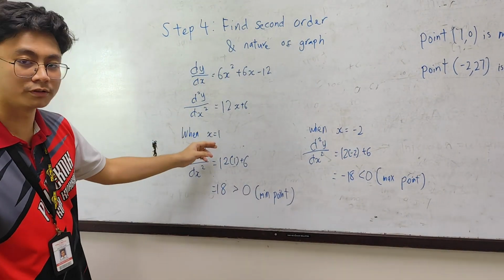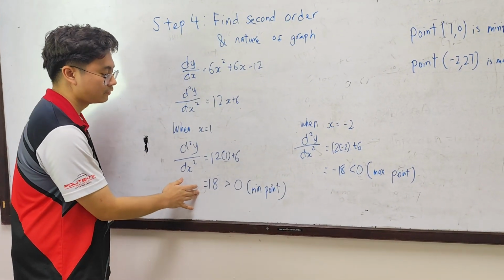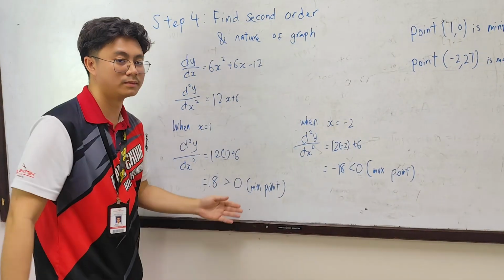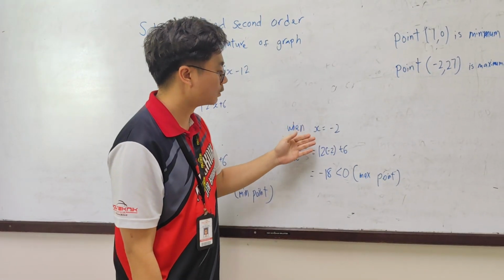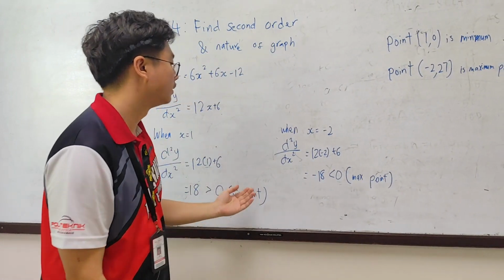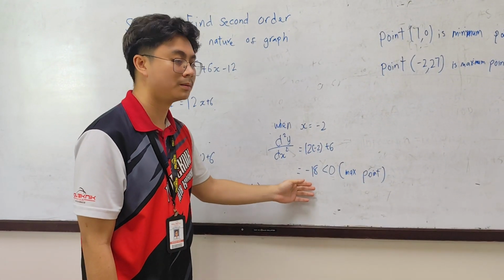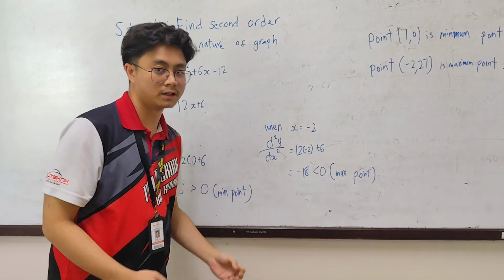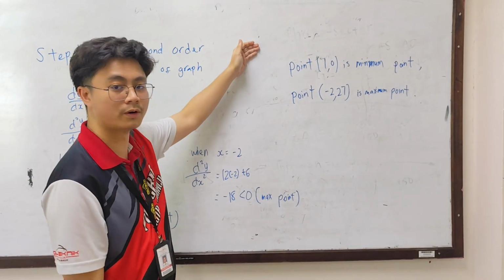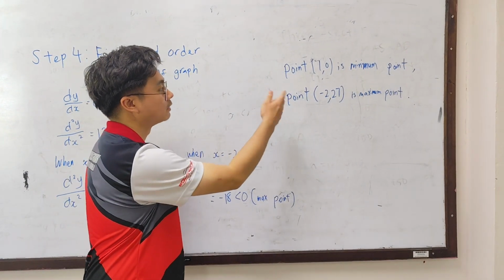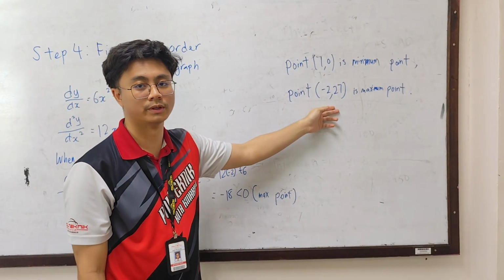When x equals 1, we get 12, which is larger than 0, so it is a minimum point. When x equals -2, the answer is -18, which is smaller than 0, so it is a maximum point. Our conclusion for step 4 is that (1, 0) is the minimum point and (-2, 27) is the maximum point.